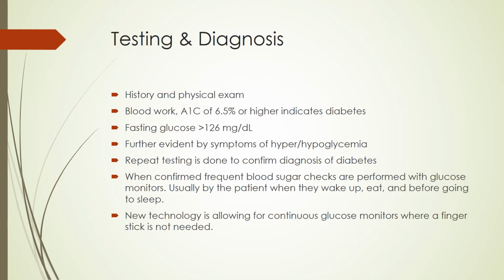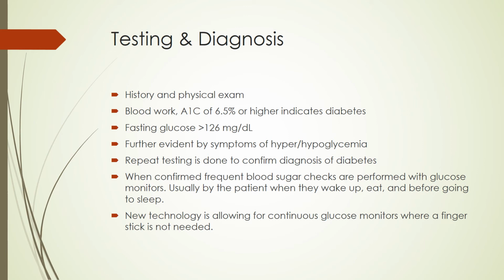Testing and diagnosis begins with a history and physical exam, and blood work like A1C, where 6.5 or higher indicates diabetes, and fasting glucose above 126 milligrams per deciliter, which is further evident by symptoms of hyper or hypoglycemia.